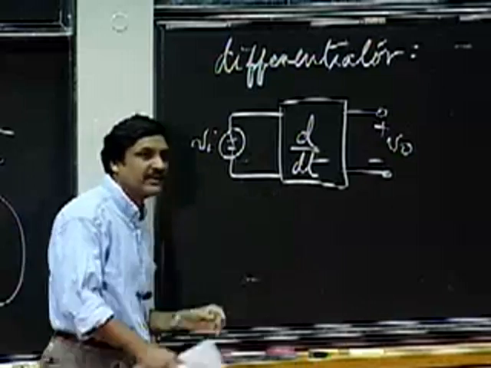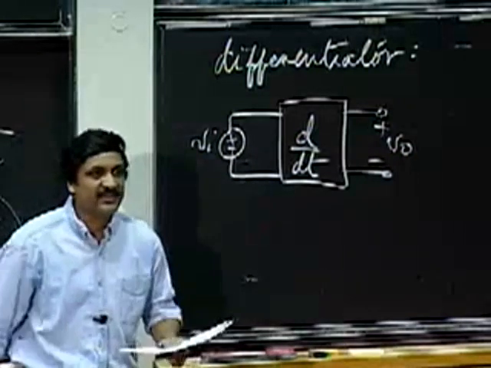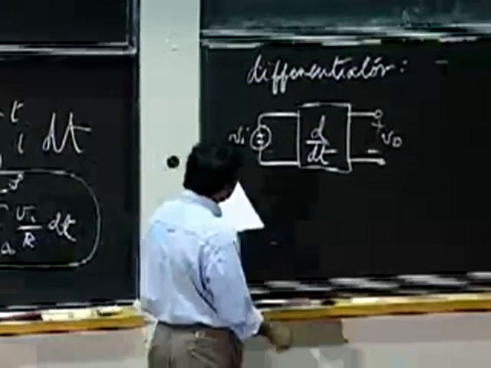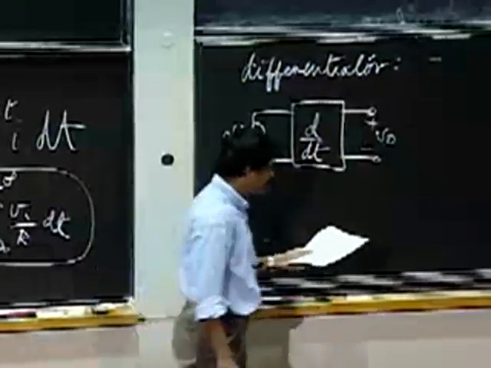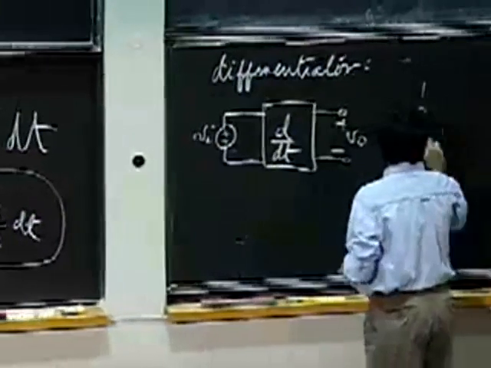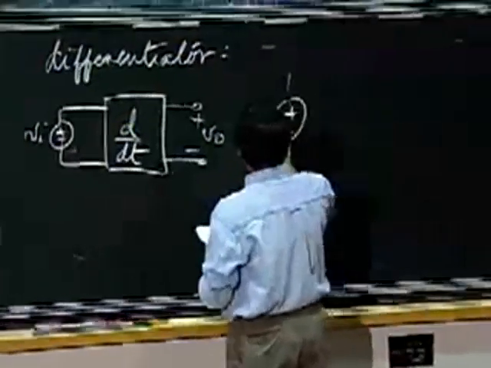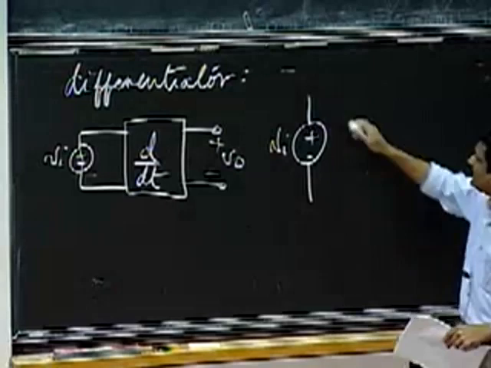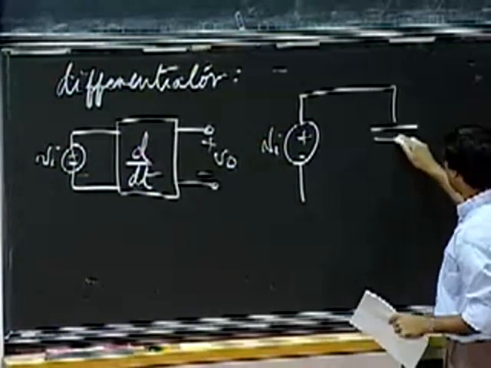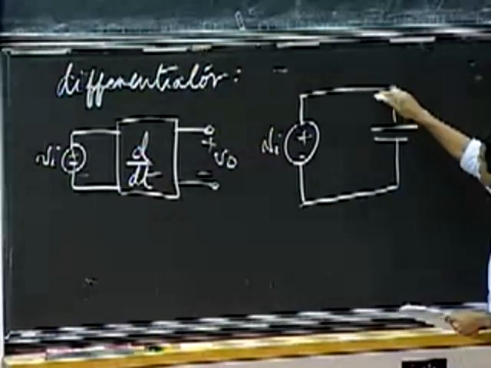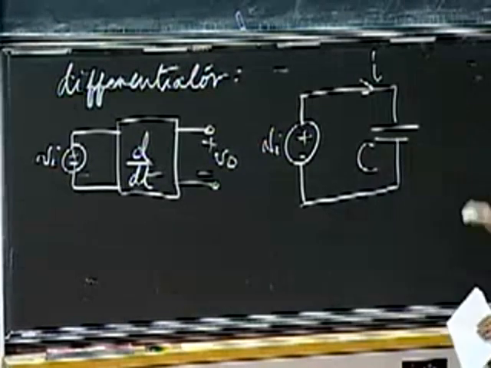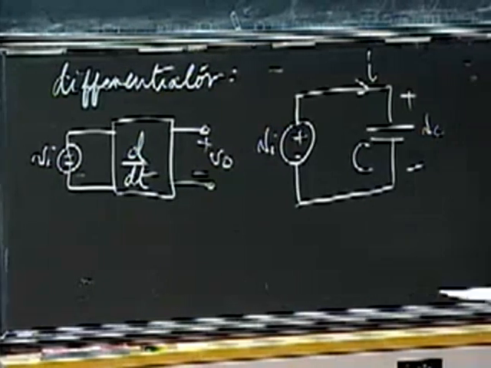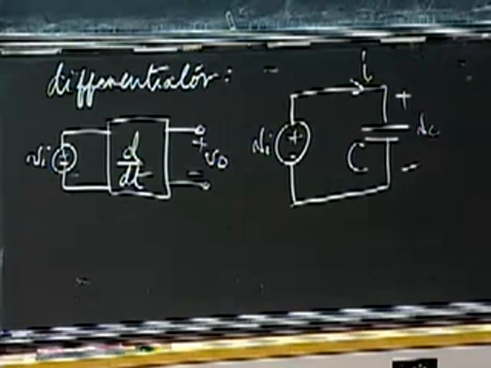Okay, let's go back to this one here. I'll stick with the capacitor way of looking at things, and I need a differentiation now. So remember this. If I have a VI and I stick this across a capacitor, I have a current I and some voltage VC across the capacitor.